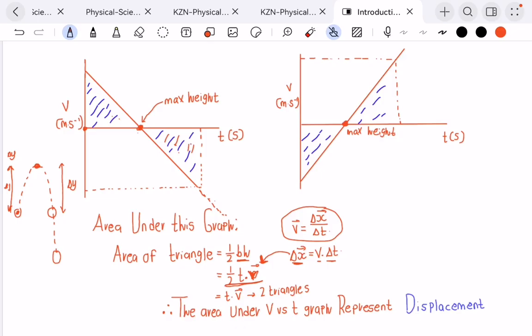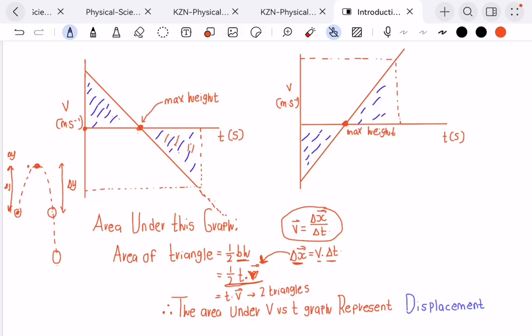So the question may come up: what does the sum of these two areas represent? You can say it just represents the total displacement of this ball, because this portion represents this displacement, and this portion represents that displacement.